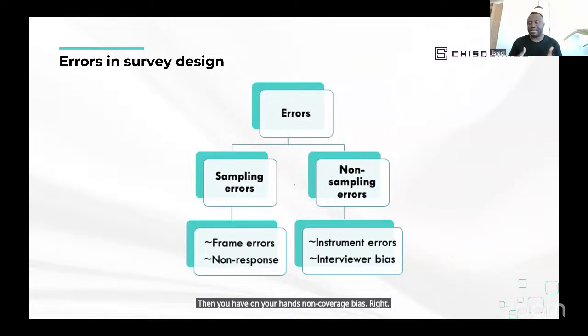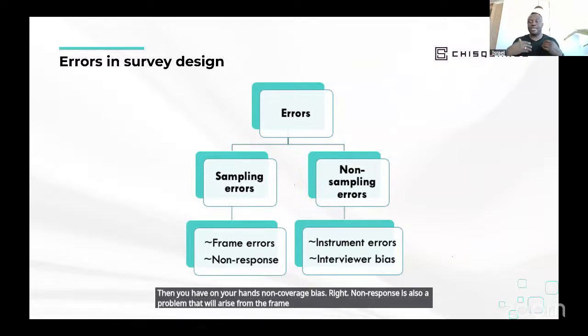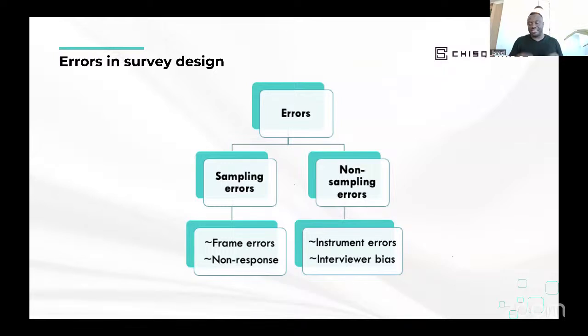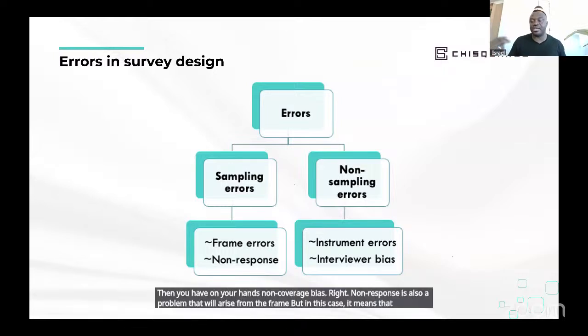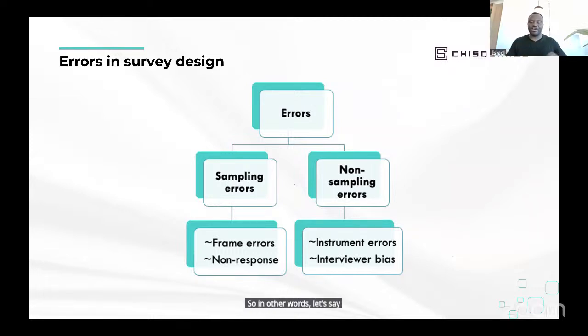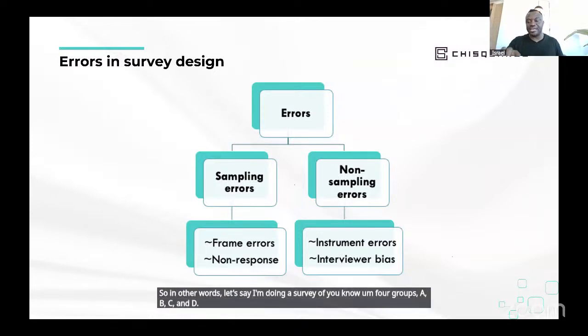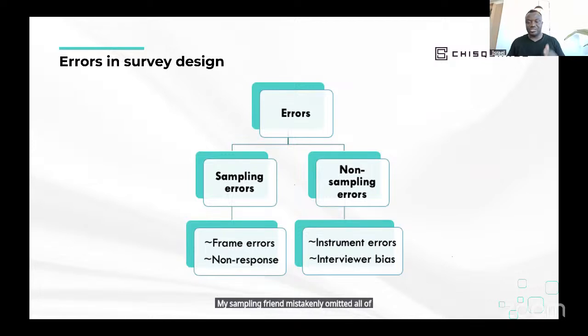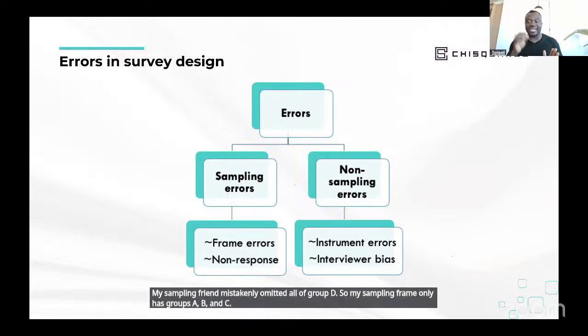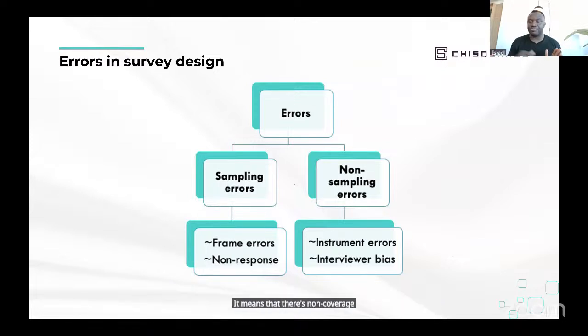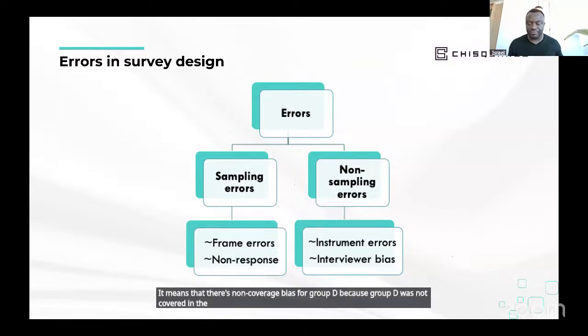Non-response is also a problem that could arise from the frame. But in this case, it means that you have differential non-response. So in other words, let's say I'm doing a survey of 4 groups, A, B, C, and D. My sampling frame mistakenly omitted all of group D. So my sampling frame only has groups A, B, and C. It means that there's non-coverage bias for group D because group D was not covered in the sampling frame at all.